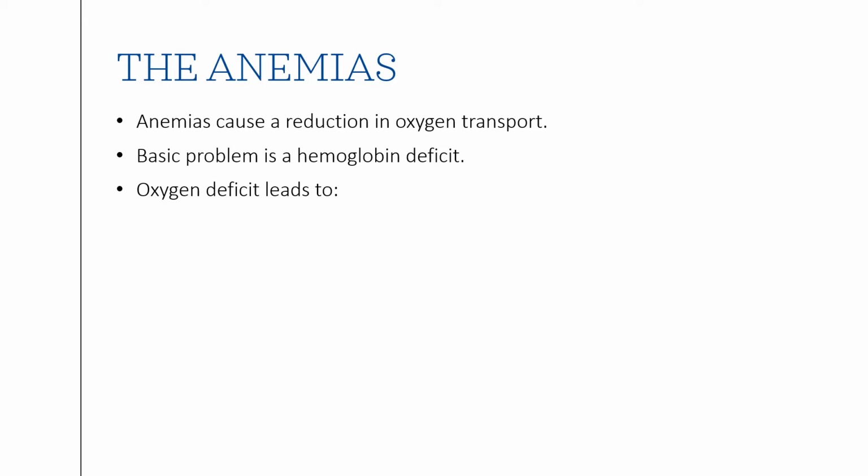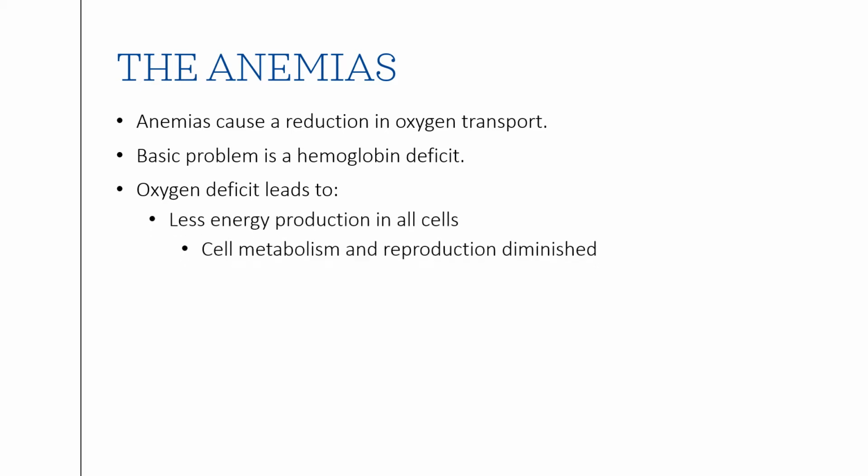So if you think of some of the things that an oxygen deficit can lead to, if we don't have enough oxygen or if we have a reduction in oxygen transport in the blood, how might that affect you? Obviously, we require oxygen. Human beings are aerobic. We need oxygen for metabolic processes and for metabolism in the cells.